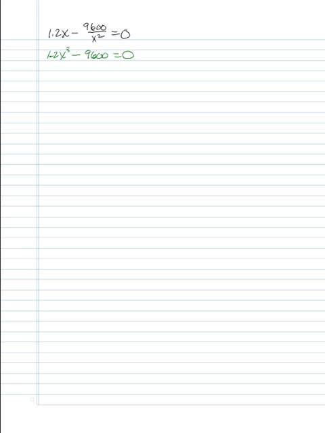Then I don't like this decimal, so I'm going to multiply all the way through by 10, and I'll get 12x cubed minus 96,000 is equal to 0. So I need to solve for x here, and the easiest thing to do would be to isolate the x cubed. So I'll add 96,000 to both sides, and then divide on both sides by 12.